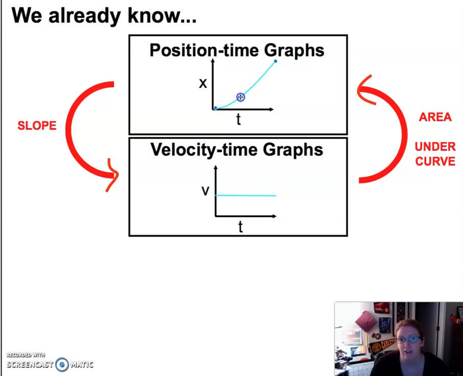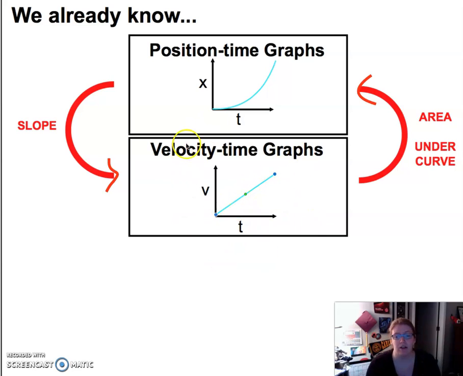Our lab looked a little bit like that, kind of like parabola-y shaped. But it's slopey, it's curved in our position time graph. And what that tells us is that the slope of this position time graph is actually changing the whole time. So actually, its velocity time graph would look something like that. It would tell us that the velocity is increasing the whole time.